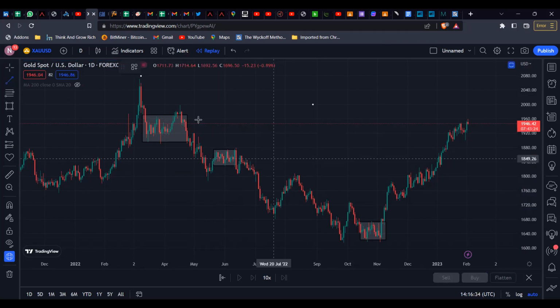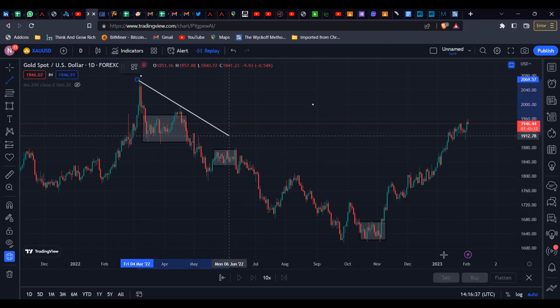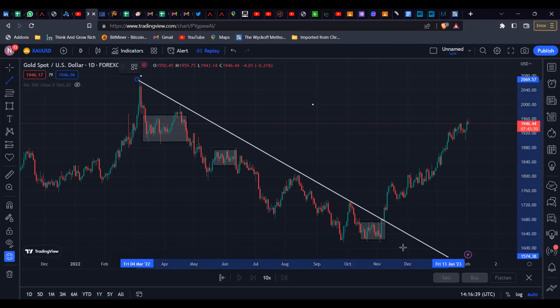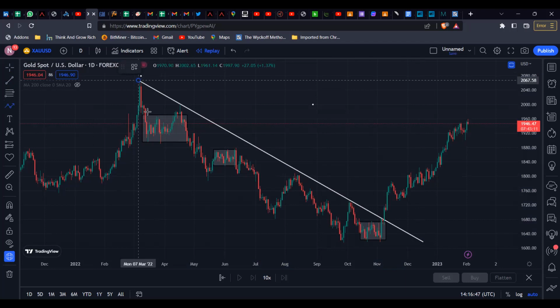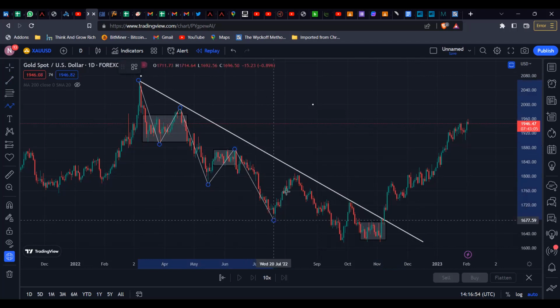First of all, there was a breakout of this trend line, like so, right? You can see it. That's one. Second of all, you can see the structural shift. Price was making lower lows and lower highs, and lower lows and lower highs, repeatedly.